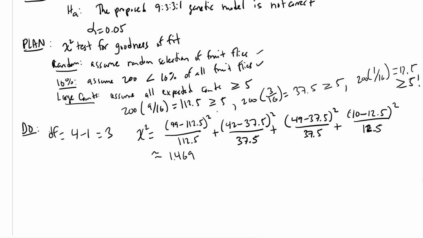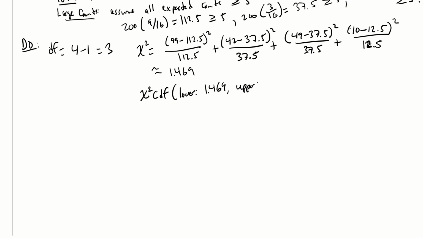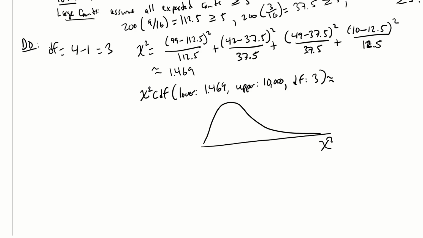If we did the chi-squared CDF, our lower is 1.469, our upper is 10,000, our DF is 3. And again, we're going to do a chi-squared distribution just so that we can practice that. Our DF is 3, which means that this has to be 1. And then we got 1.469, which is right here, really close to that mode right there. So we got a good chunk of the curve here.